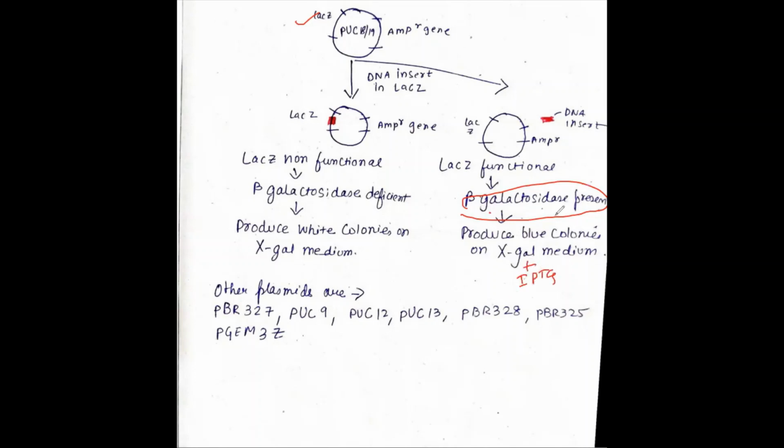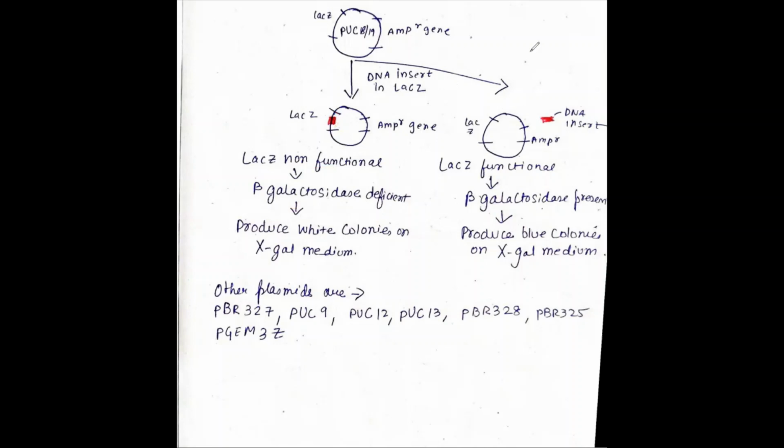Now, if you insert your DNA at the lacZ site, lacZ becomes non-functional and is beta-galactosidase deficient. Hence, it cannot produce blue colonies and it produces white colonies on the medium. This is how you can screen for transformation.